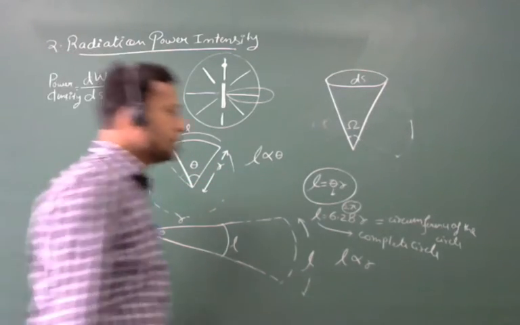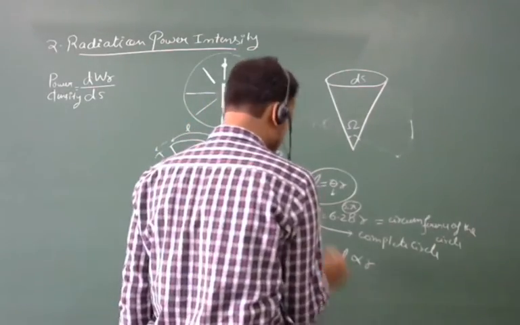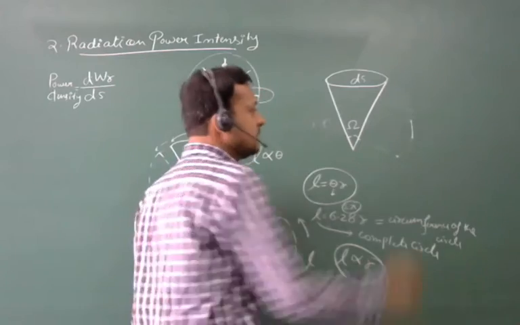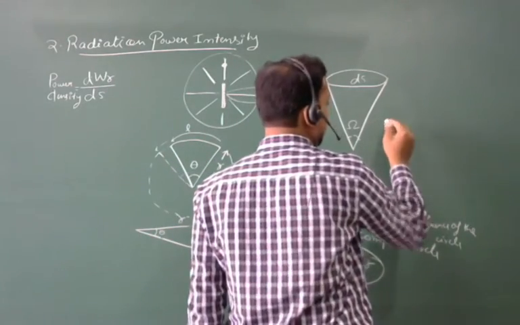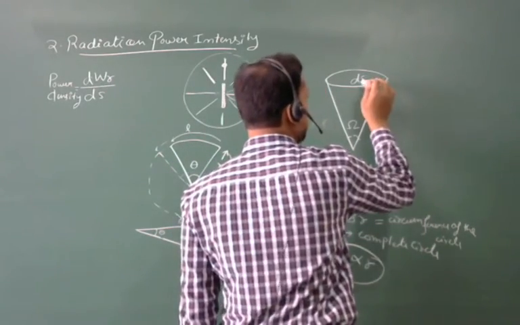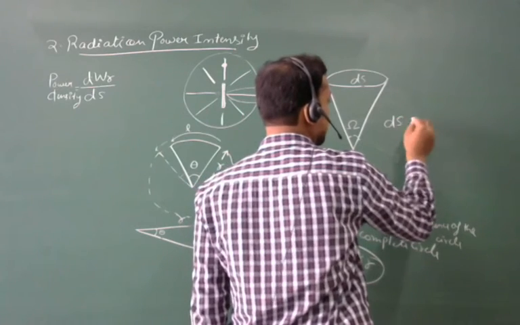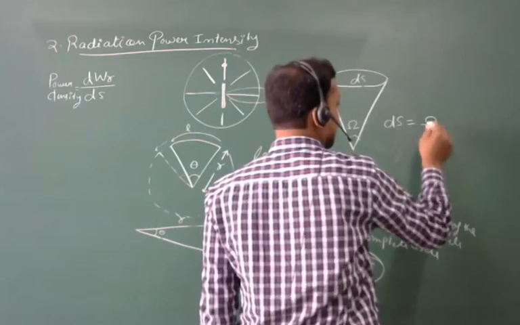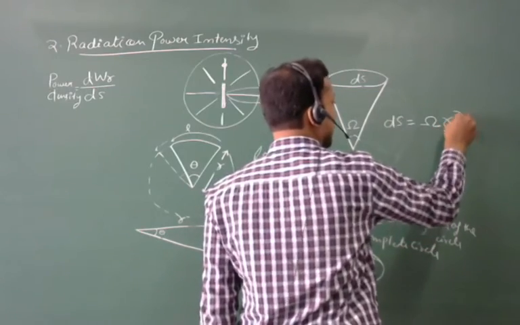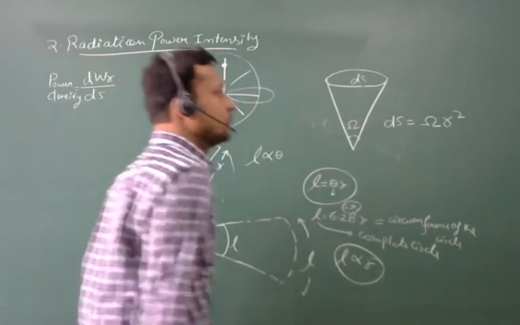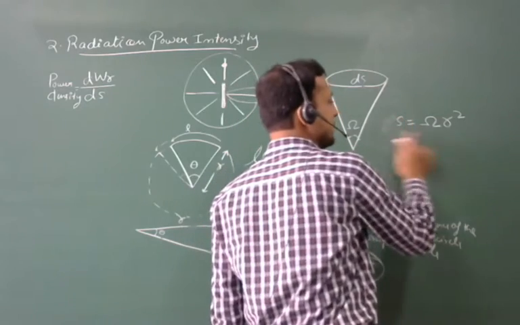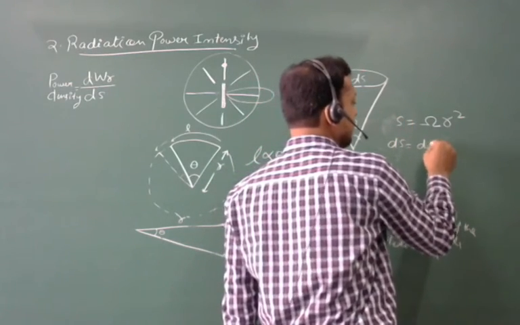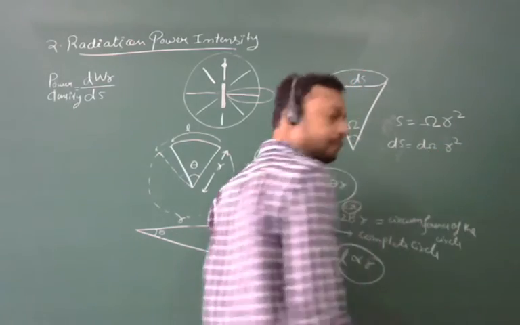And it is d omega. So this is proportional to R, and this is the solid angle. If we have this surface ds, then ds is equal to the solid angle times R square. So ds is d omega R square.